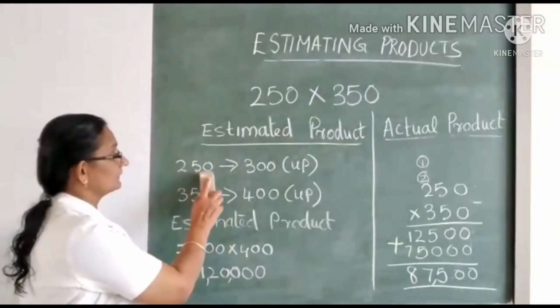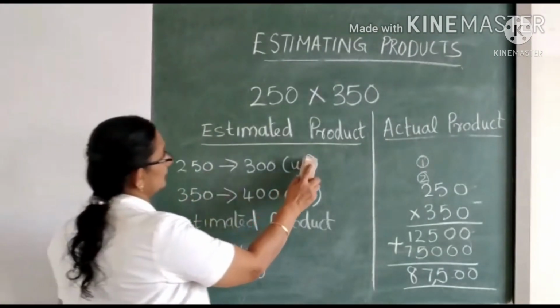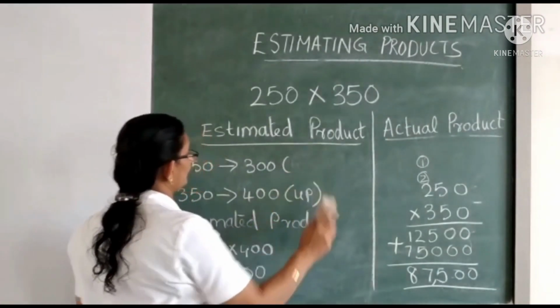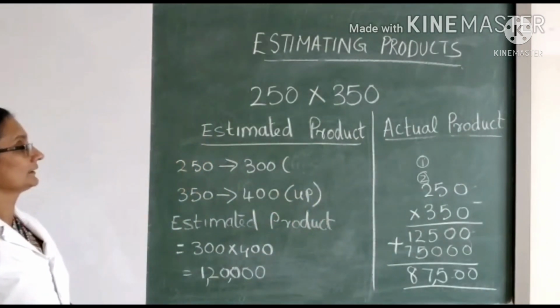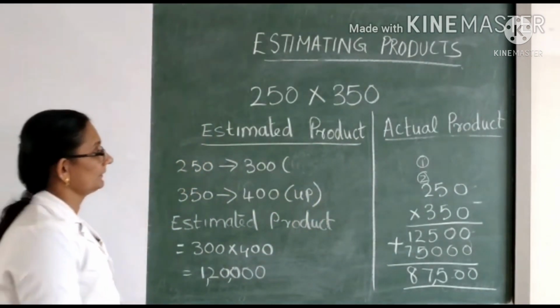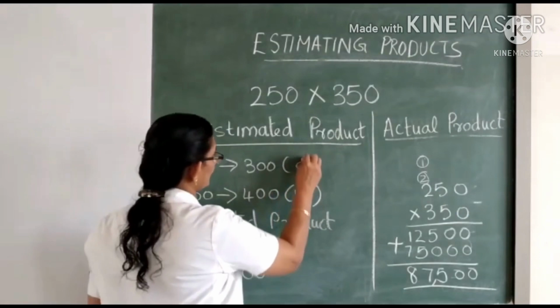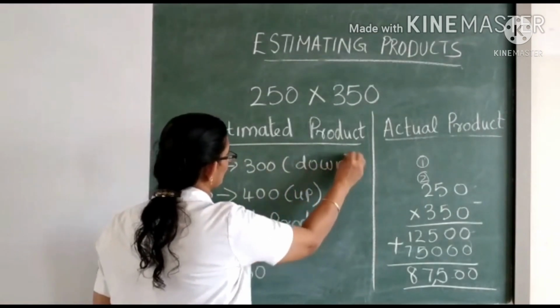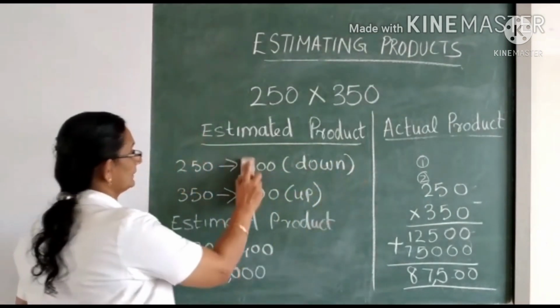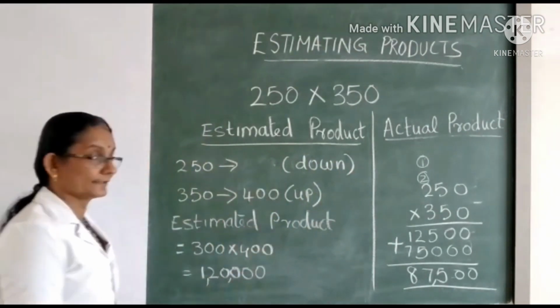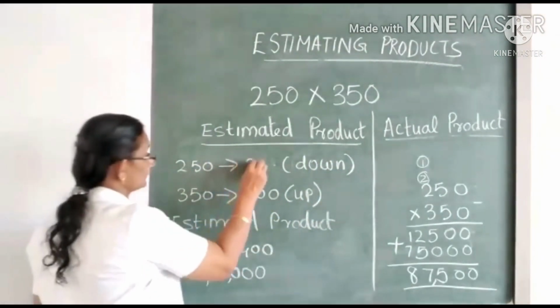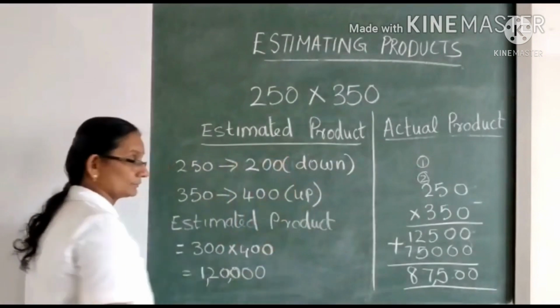For example, let us round the number 250 down. Okay? Let us round the number 250 to 200, down.